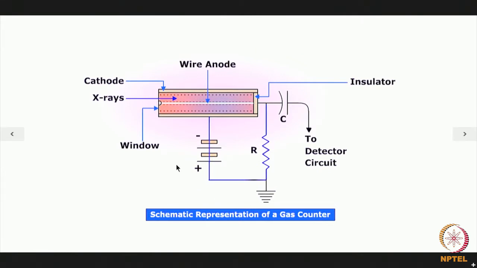Now, the mechanism here is this: we have got a cylindrical metallic vessel at the center of which there is a thin wire anode. So, this vessel is made the cathode and this wire passing through the center is made the anode. The diffracted X-rays are allowed to enter this vessel through a window over here.